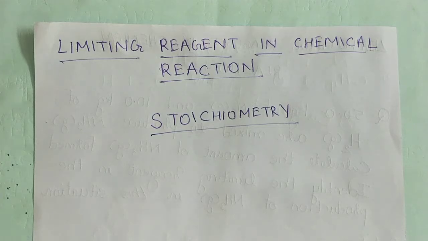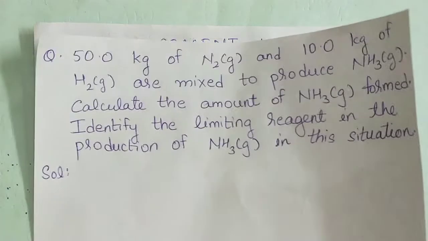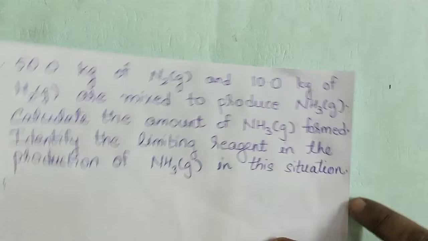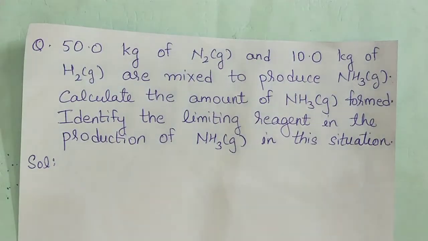We will better understand the limiting reagent in a chemical reaction with the help of a chemical problem, and hence we will try to solve together this mathematical problem and understand how balanced chemical equations can be different from real chemical reactions performed in laboratories, and we will again understand what is a limiting reagent.